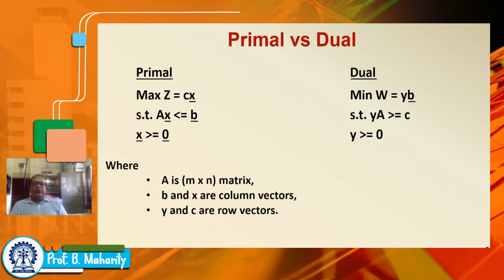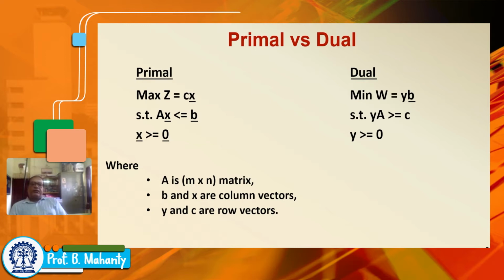So if Y is a row vector of 4 numbers and B a column vector of another 4 numbers, a row vector multiplied by a column vector will be your objective function: minimize W equal to YB.